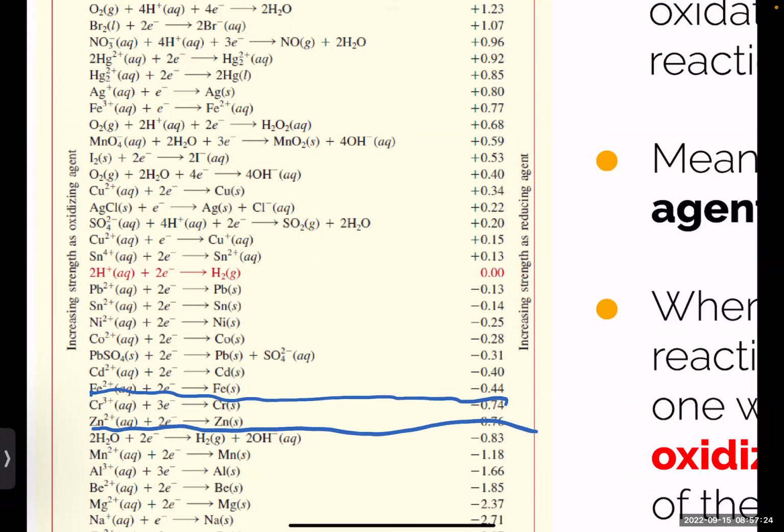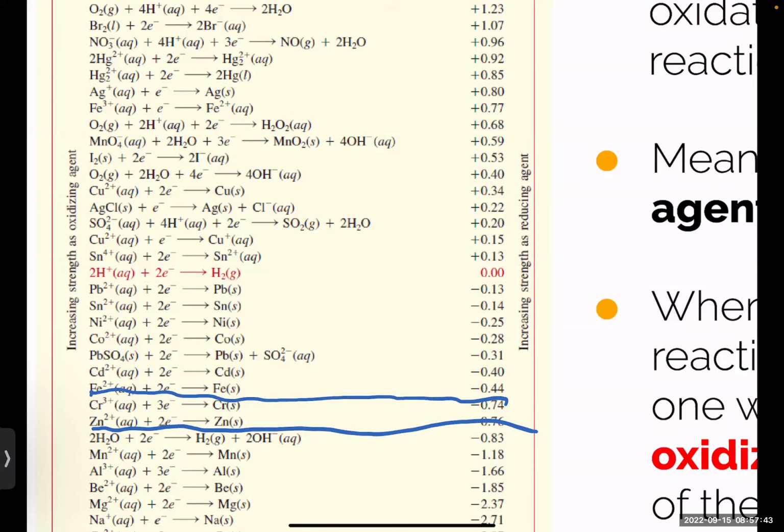Iron or zinc will be the better reducing agent looking at these two half cells. Zinc, yes. Why zinc?